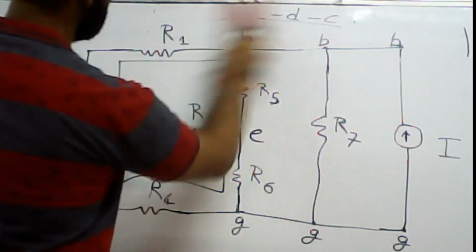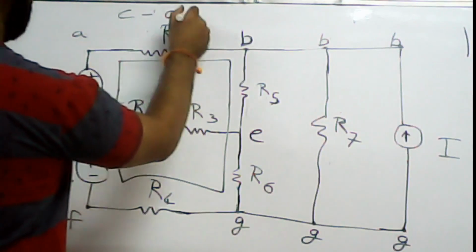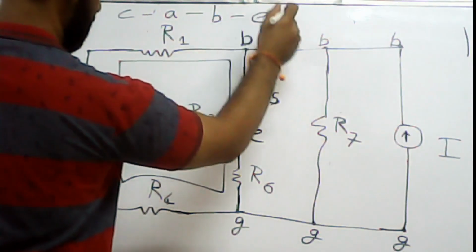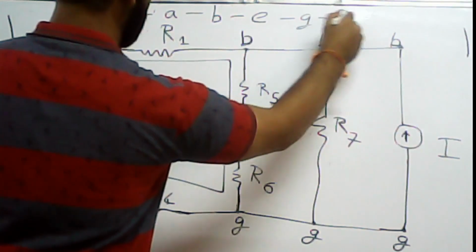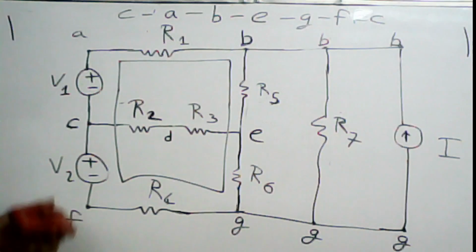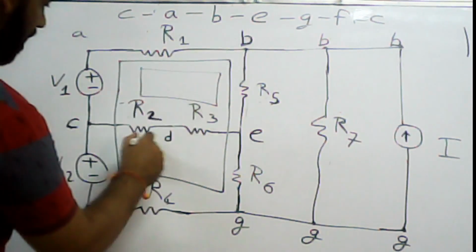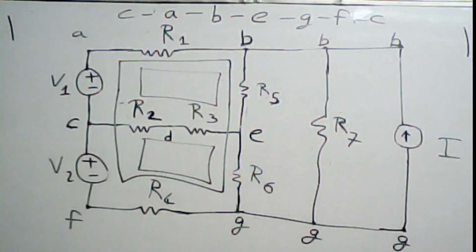You can name it as C, A, B, E, G, F and C. This is a loop, but this is not a mesh because it contains this loop and this loop also within it. So this cannot be called a mesh, but this is a loop. So this is the difference between a loop and a mesh. A mesh cannot contain any other loop within it. It is the smallest loop.